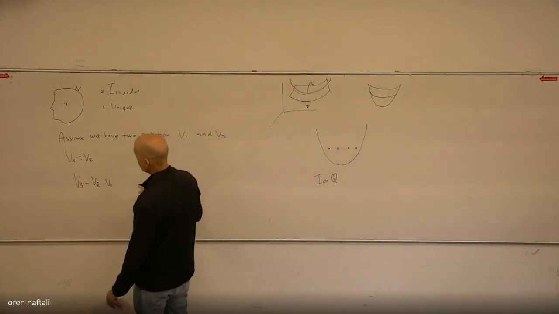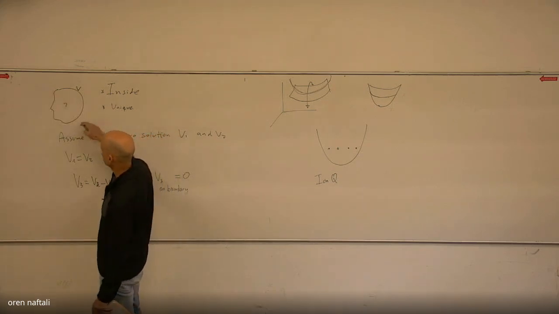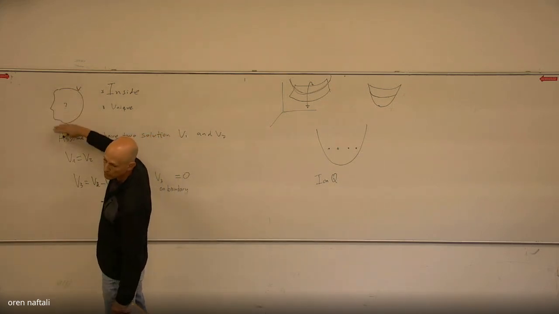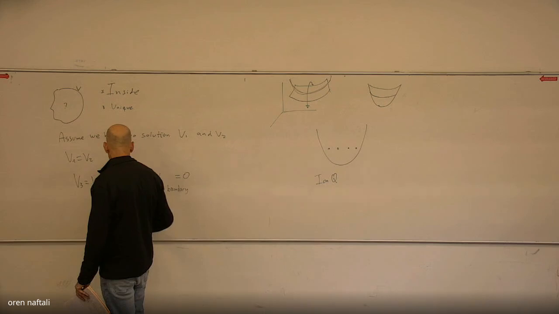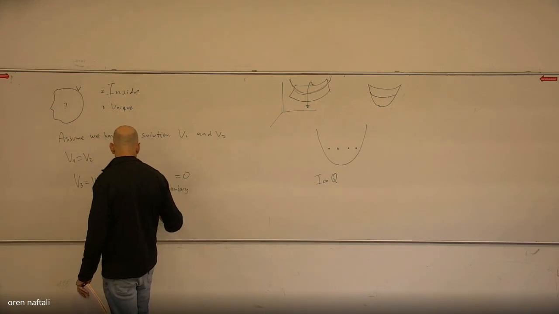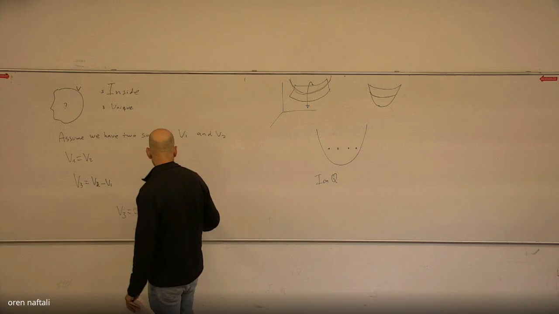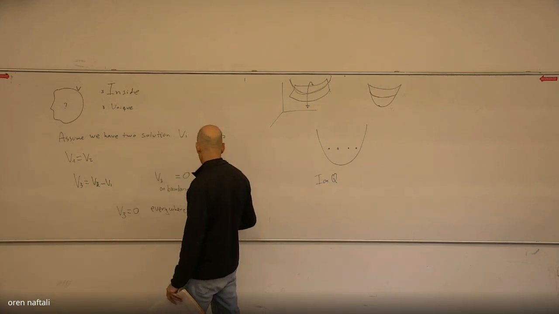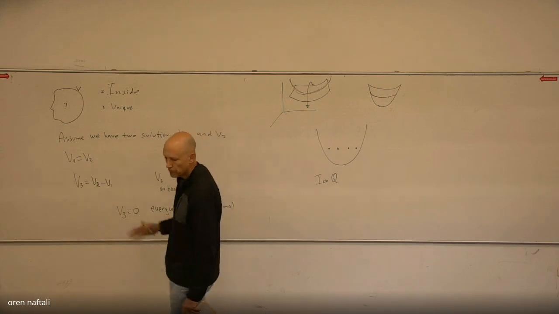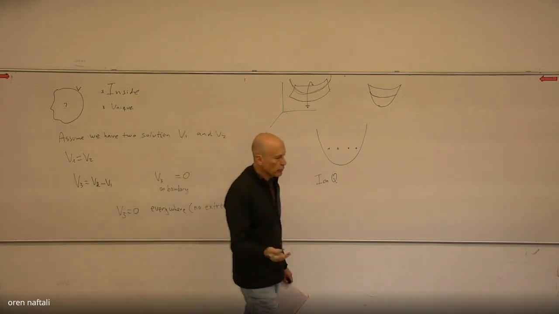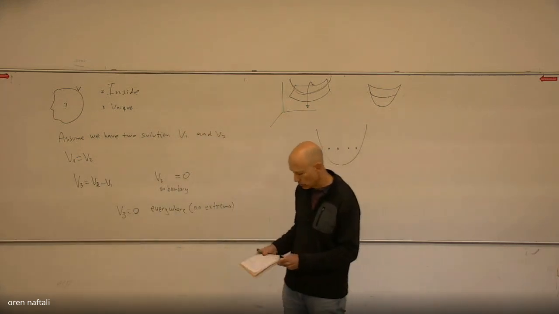So the solution, if it's 0 here, cannot be a maximum or minimum inside. It must be 0 inside as well. 0 everywhere, so V3 equals 0 everywhere. And this is because there are no extrema. So if V3 is equal to 0, V1 is equal to V2, and there's only one unique solution.